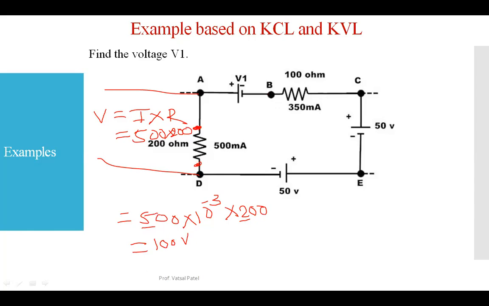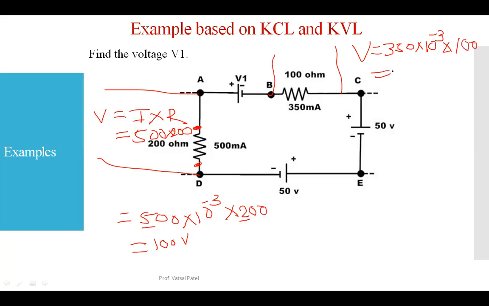Can you identify the same parameter between these two points, B and C? Same equation you will apply. The voltage across this 100 ohm resistance is equal to 350 into 10 raised to minus 3 multiplied by 100.